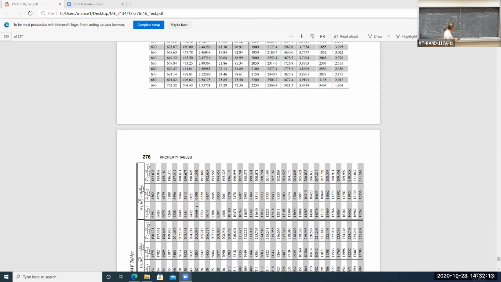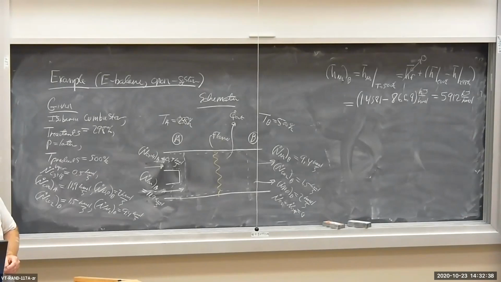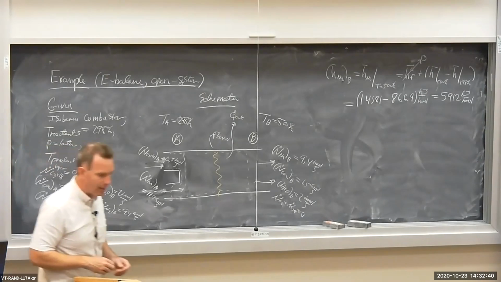And I get 5912 kilojoules per kilomole. So that's H bar of the N2 at the outlet.